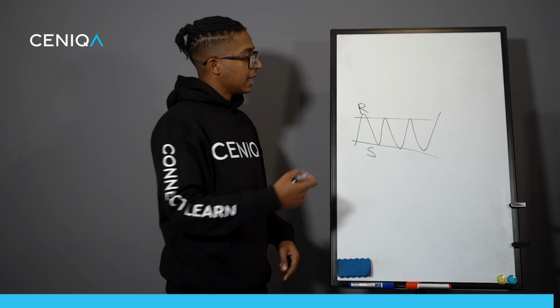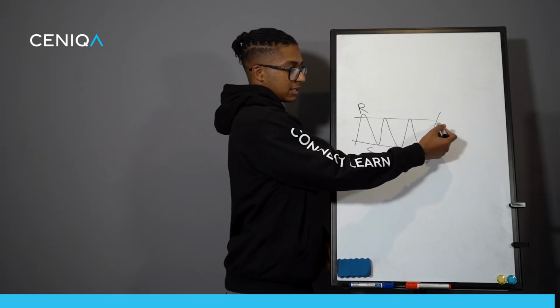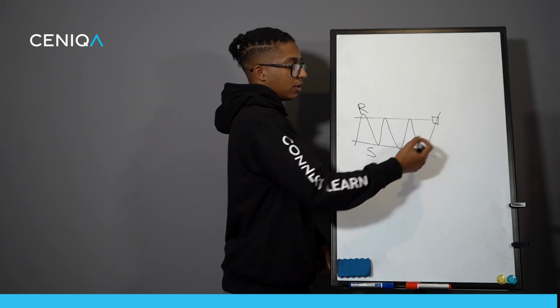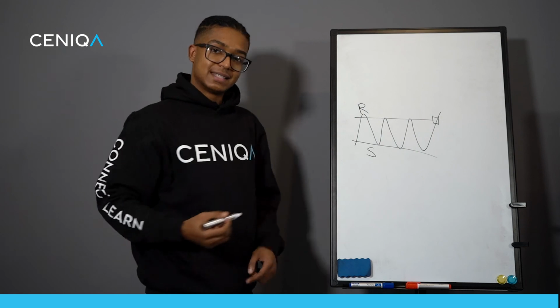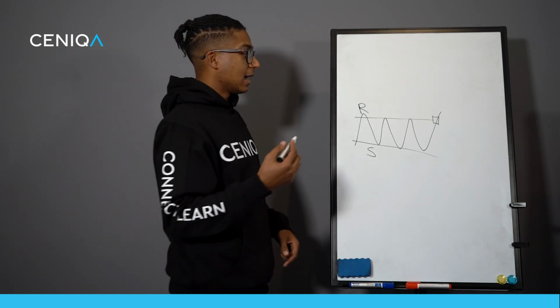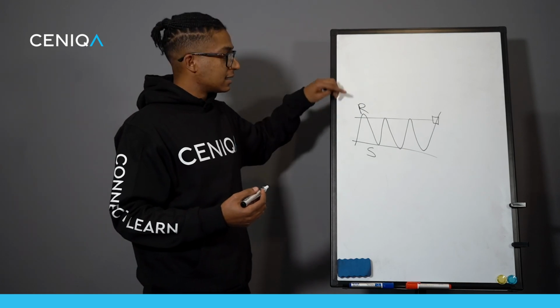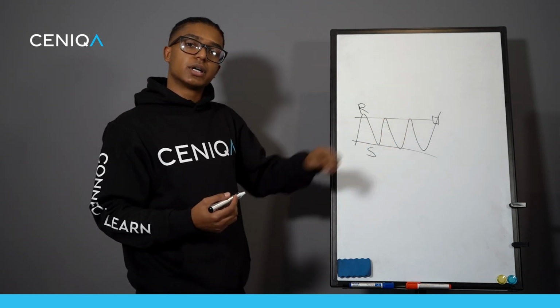For example, when the resistance gets breached, you may have found a block candle closing above your resistance line. And also remember, when the resistance gets broken, it's then going to act as a future support.